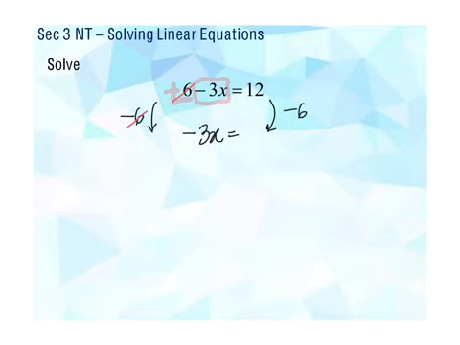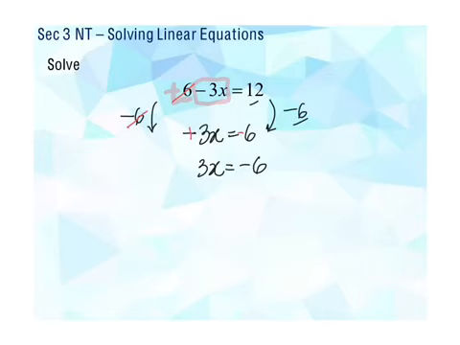And this side is 12 minus 6, which gives me 6. Now negative 3x equals 6. We need to get rid of the negative sign, so I'm going to change the sign on both sides. If this is negative, I change it to positive. If this is originally positive, I change it to negative. So we will have 3x equals negative 6 now.